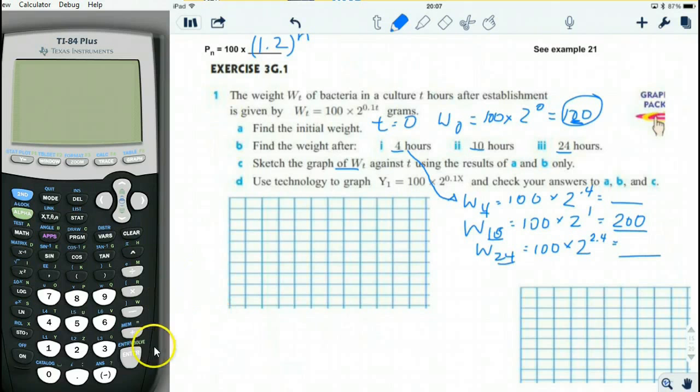So let's use our calculator and figure out 2 to the 0.4 power. 2 to the 0.4 is equal to 1.319.